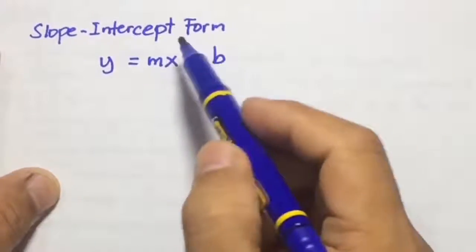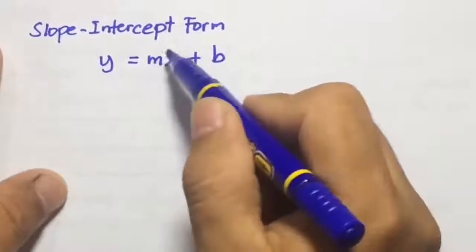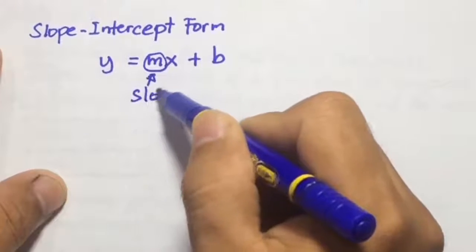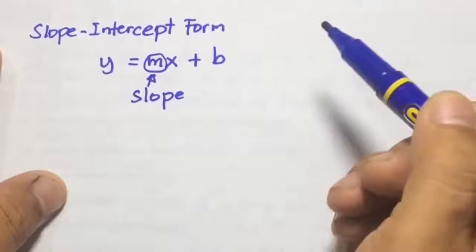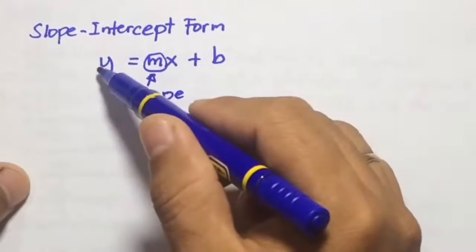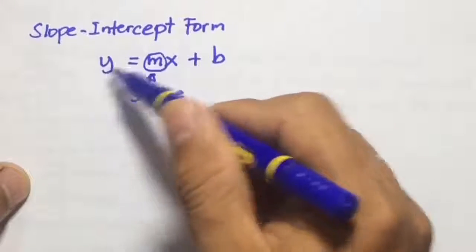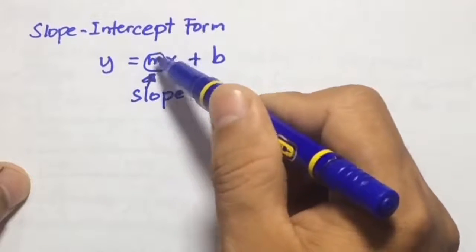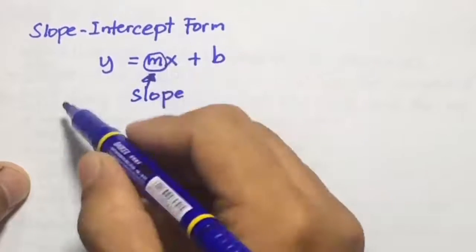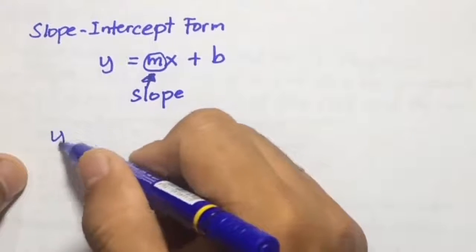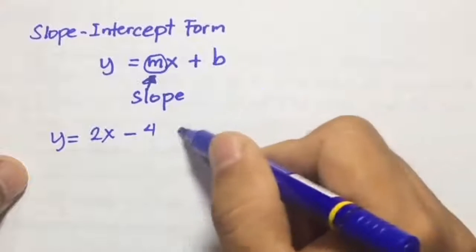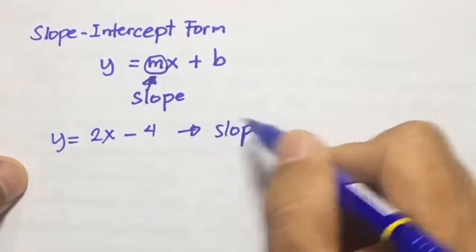In the slope-intercept form, y equals mx plus b, m here is the slope. So if you will be given a linear equation using this format, you can determine the slope using the value of m. So for example, if you are going to have y equals 2x minus 4, then your slope here will be 2.